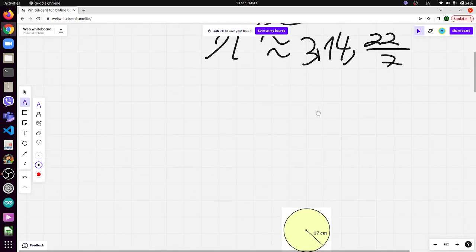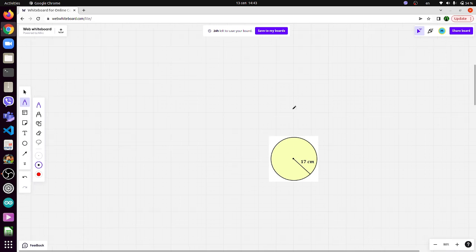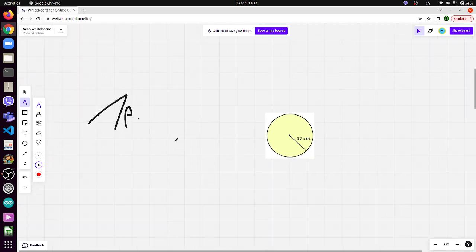Okay, let's start. We're going to solve 5 problems. The first problem is to find the area of this circle. That is pretty easy because we know that is the radius.